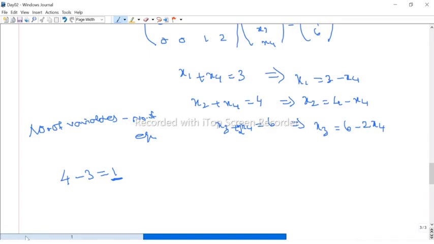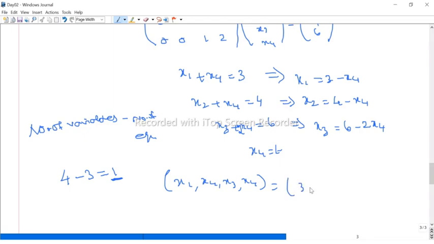Therefore, if I am writing the solution, it is always a 4-tuple (x1, x2, x3, x4). If you take x4 equal to t, some value t, then what is x1? 3 minus t. What is x2? 4 minus t. What is x3? 6 minus 2t.